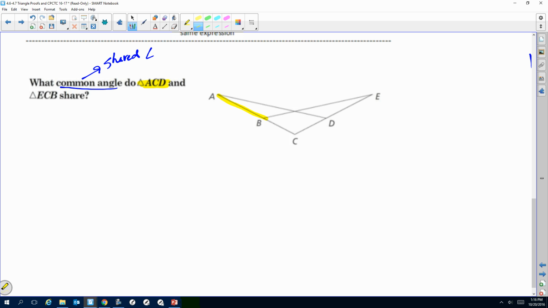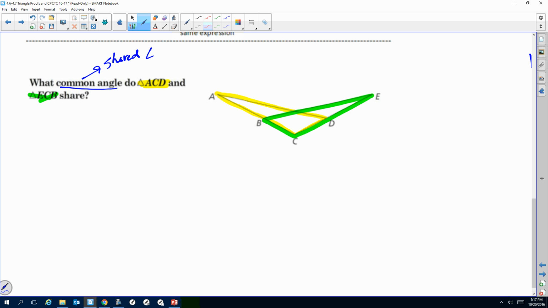I'm just going to trace that. ACD. That is that triangle there. Okay, highlight it so you can see what happens. We have ACD, and then we're looking at triangle ECB. ECB. That triangle there. Do you see that they're overlapping?